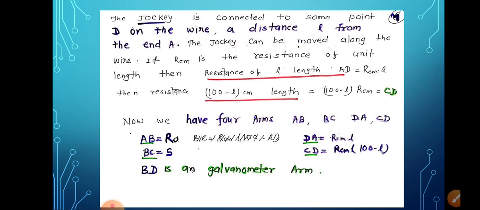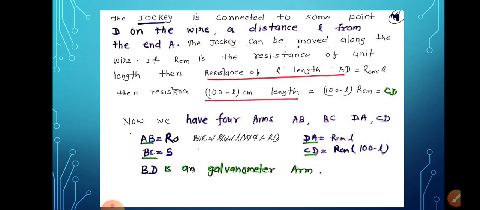One arm will be AD, one arm will be CD, one arm will be AB, and one will be BC. So like this we have 4 arms, and all 4 arms have resistance. AB, R, unknown resistance. BC, S, standard resistance.